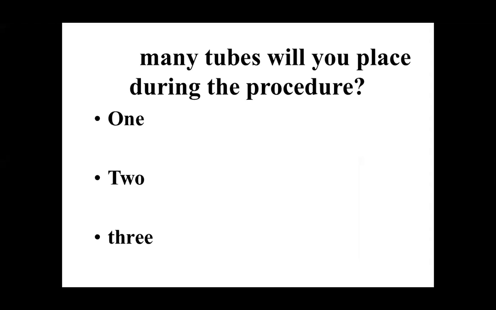And after, the question that may be asked: how many tubes will you place during the procedure? So here I will ask you also to vote for the number of tubes that you will put during the procedure after performing your anastomosis.